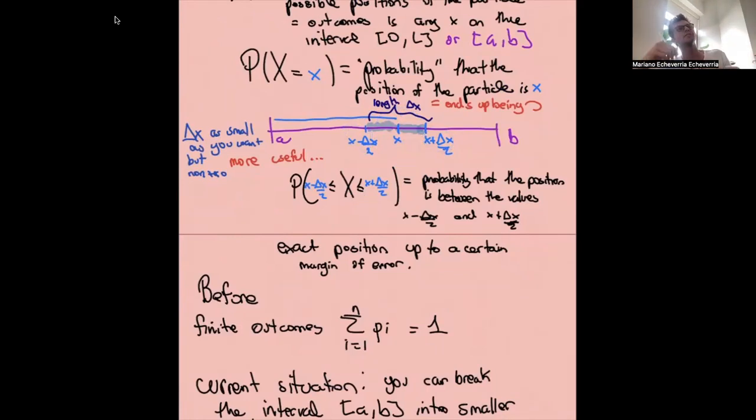In the real world, there will be limitations on how well delta x can be specified, but that's okay. So that is something that we can try to assign a probability to, like the position of the particle being in this interval and things like that.